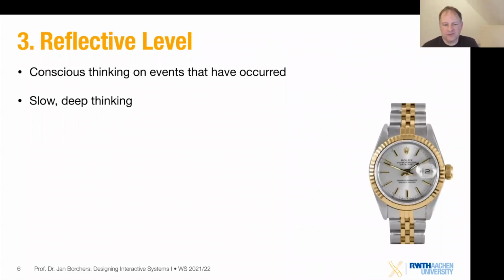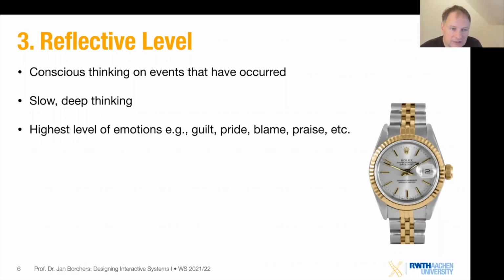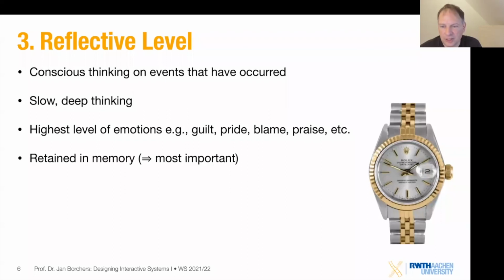This is where you try to find causes for events, and you often associate causality or maybe blame in a negative experience. This is the highest level of emotions that is associated with this. Things such as guilt or pride, blame or praise, and so on and so on. And they get retained in memories. That makes them very important in the long run. They have a lasting impact.